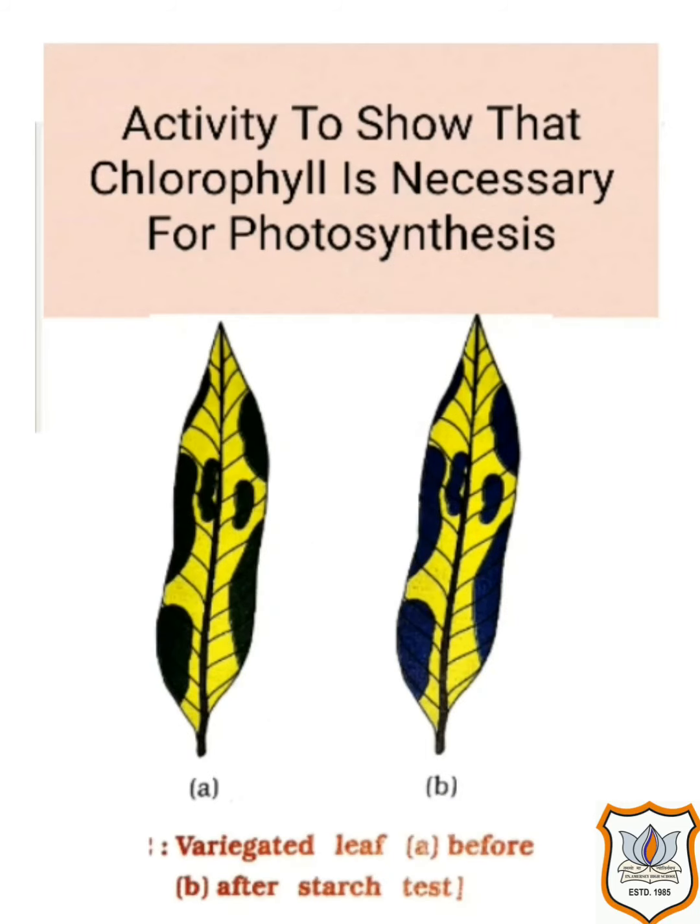Let us discuss what we have observed in this activity. When the plant is kept in the dark for 2 to 3 days, all the starch gets used up. Then in the next step, when the leaf is kept in boiling alcohol, it gets decolorized, and the color of the alcohol solution is green when the leaf is taken out from it.